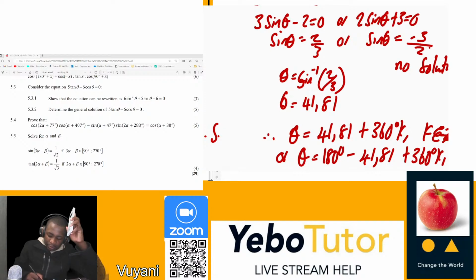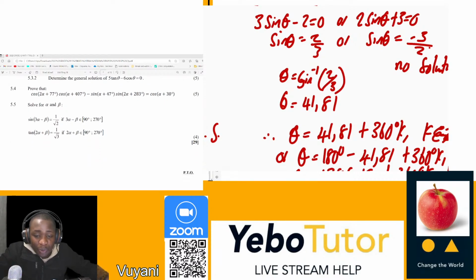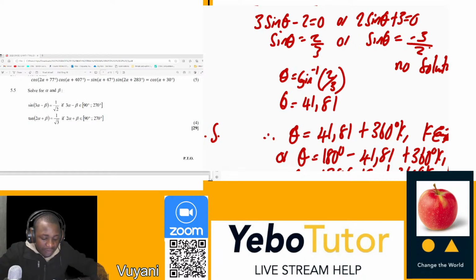Then we subtract: 180 minus the answer which we previously got. Then now we get theta to be 138,19 plus 360 degrees of k, where k is an element of the integers. Trigonometry is so nice, guys. I hope you also see that from your different houses.